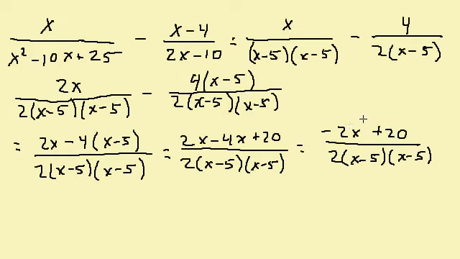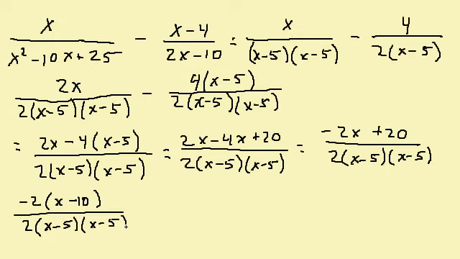Now I need to factor the numerator, and I'm going to factor out the greatest common factor, which is 2, but I'm going to factor out a negative 2. So I'll have a positive number in front of my x term. So negative 2 times x minus 10 over 2 times x minus 5 times x minus 5.